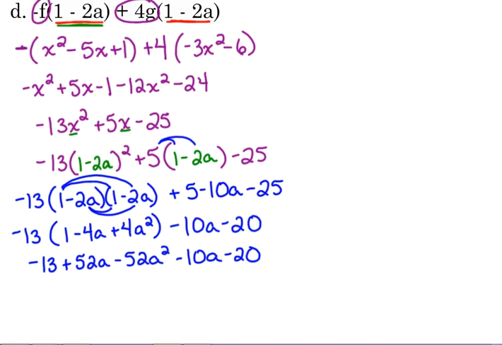And we got one step left for our final answer, combining like terms and putting it in standard form. So negative a squared, we got a minus 10a, so that's negative 14a, and minus 20, negative 21.